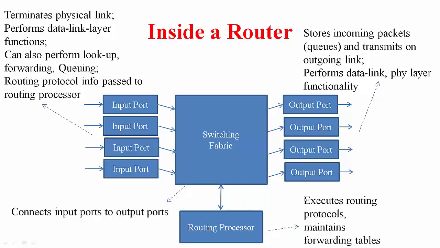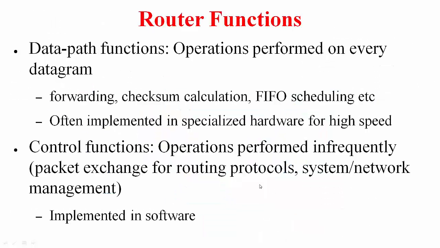And the routing processor basically executes the routing protocols and maintains the forwarding tables. Note that if the input port is also doing forwarding, a shadow copy of the forwarding table is maintained here. It is the responsibility of the routing processor to ensure that these shadow copies are consistent with the forwarding tables that it maintains. So whatever functionality a router performs can be divided into 2 types.